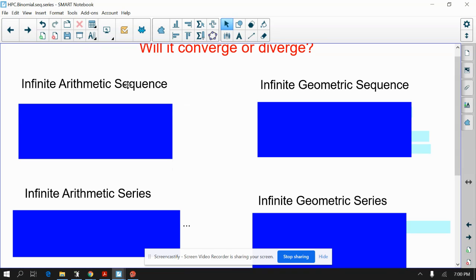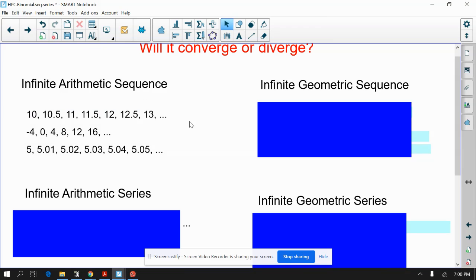Let me just remind you, if you have an arithmetic sequence, a sequence is just a list of numbers. So this first one, you keep on adding 0.5. And here we are adding 4 to get from one term to the next. Here you are adding 0.01.